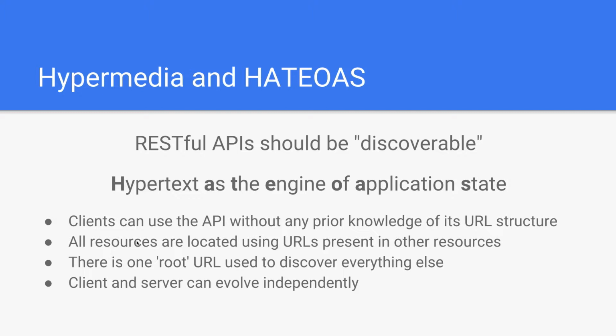If you follow the links that are discovered through the API, then as the author of the API on the server changes things, maybe refactors and moves URLs around, your client should still work, because all of those links, you discovered them anyway through other resources. As long as that root resource can still be found, you should be okay.